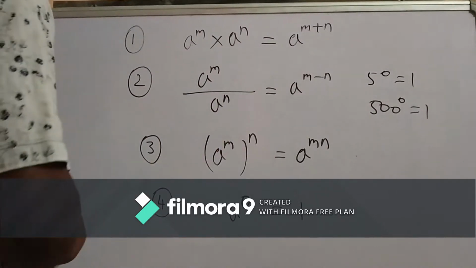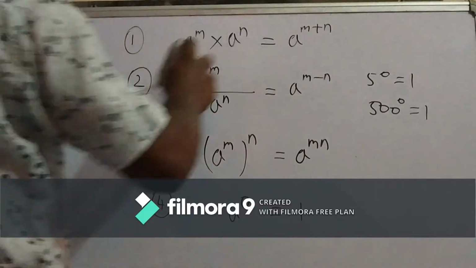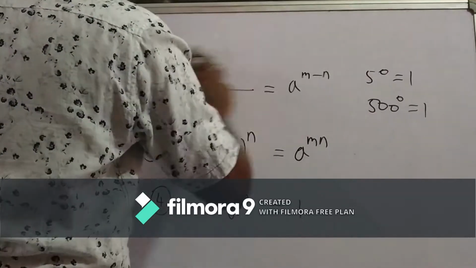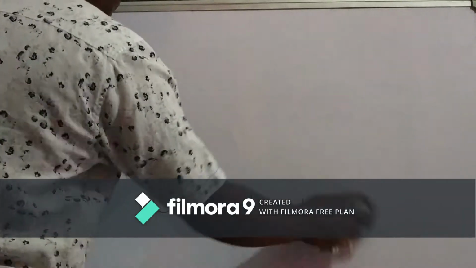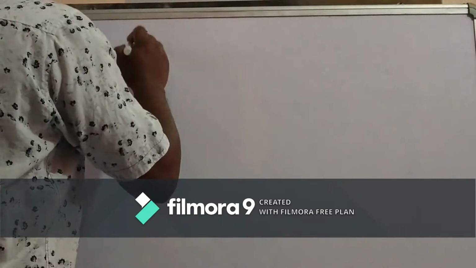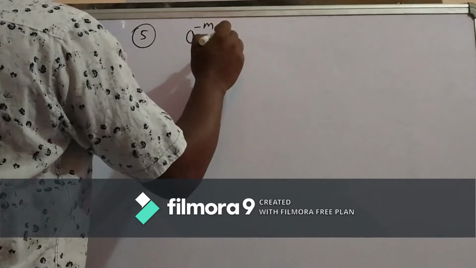Next, the fifth formula. Suppose your power is given in the negative form. Here in all the earlier cases the power is in the positive form. Suppose in the fifth case, the power is given in the negative form, a to the power minus m.